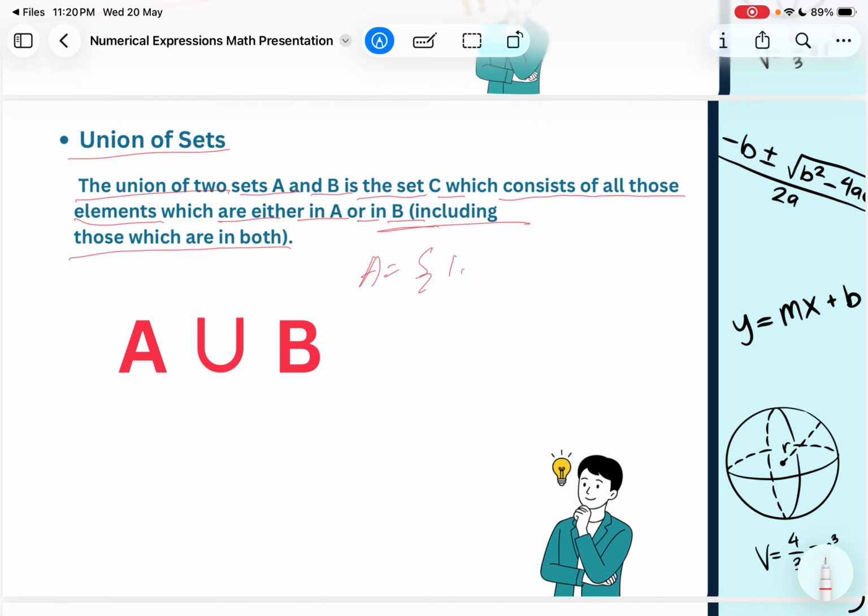If we have A equal to {1, 2, 3} and B equal to {2, 3, 5, 7, 11}, for example, then A union B will be all the elements which are in A or B or in both.